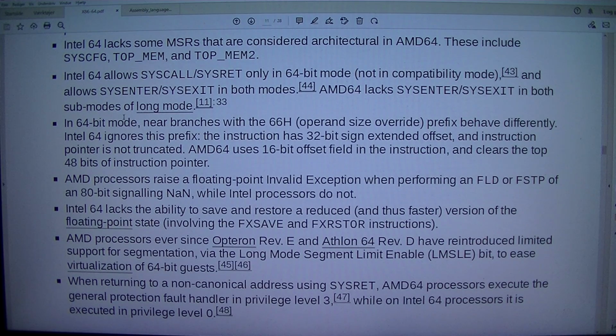In 64-bit mode, near branches with the 66H operand size override prefix behave differently. Intel 64 ignores this prefix. The instruction has a 32-bit sign extended offset, and the instruction pointer is not truncated. AMD64 uses a 16-bit offset field in the instruction, and clears the top 48 bits of the instruction pointer.